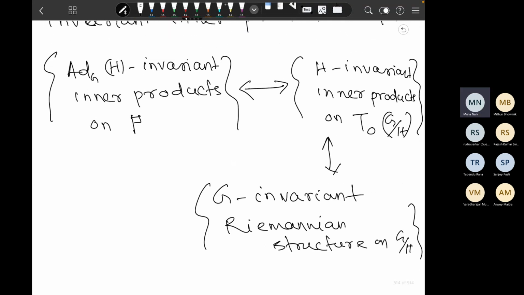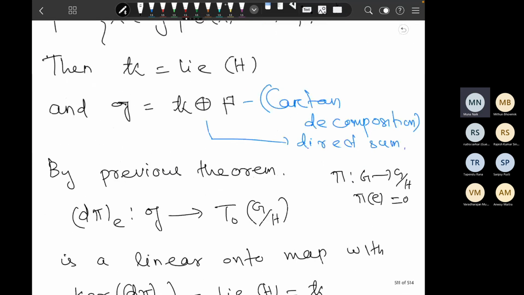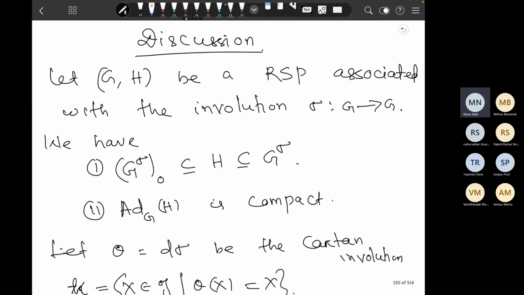To produce a G invariant Riemannian structure on G mod S, it is sufficient to produce an RGH invariant inner product on P. And when is this possible? It is certainly possible when RGH is compact, and this is the second condition on the Riemannian symmetric pair. This is the reason that we have taken RGH compact in the definition of Riemannian symmetric pair.